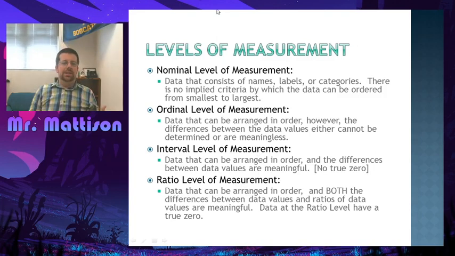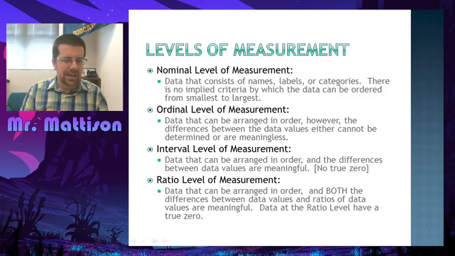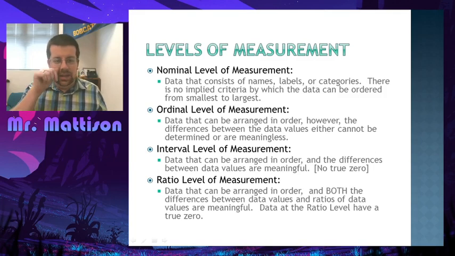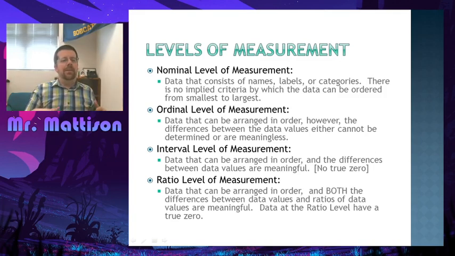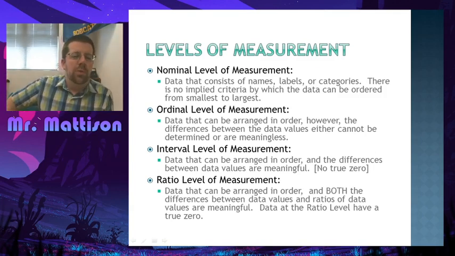Nominal is any kind of data that is just names or labels or categories. There is no way for me to order things in any way that makes logical sense. Doing things in alphabetical order doesn't count. This would be things like, what city were you born in?